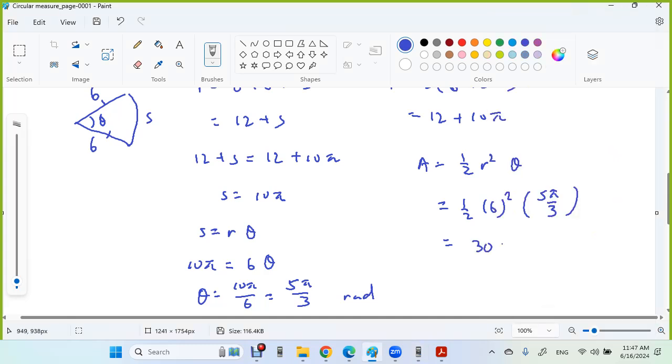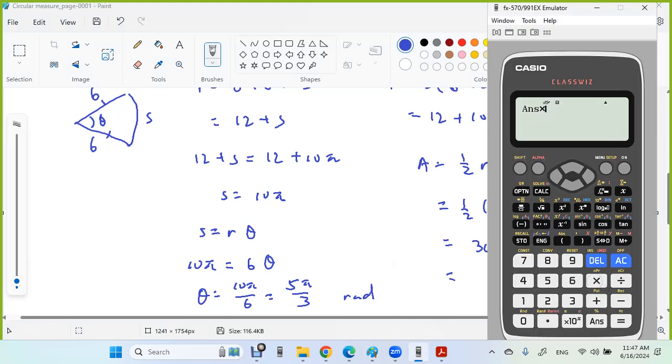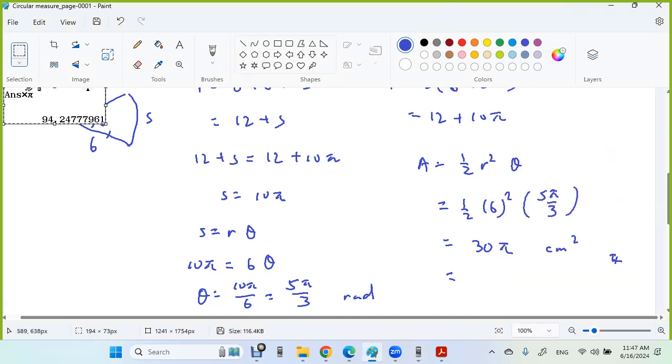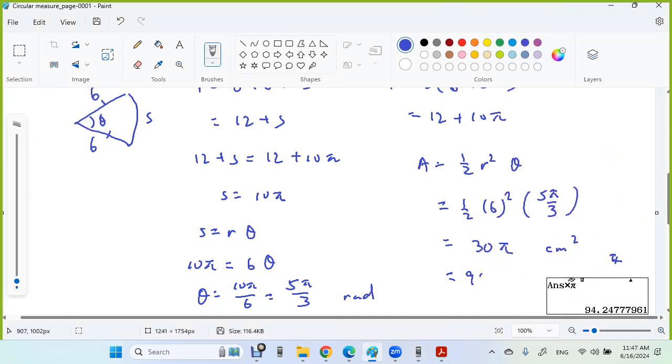So it will become 30 pi cm squared, or this one multiplied with pi, then it will become 94.2 cm squared.